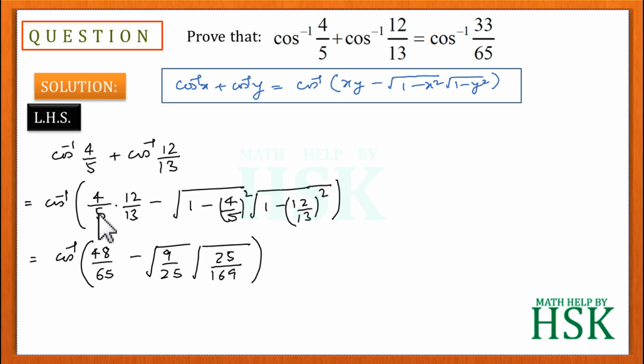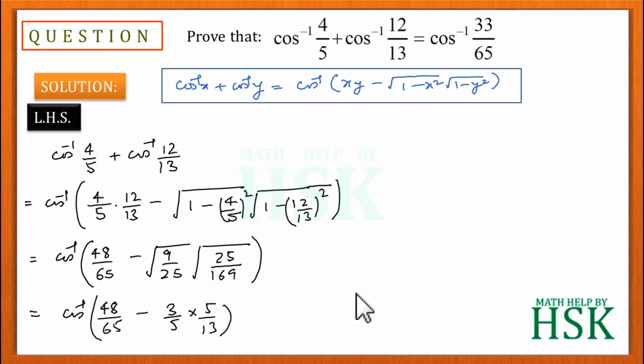So this value can be written as 12 fours are 48, 5 into 13 is 65, and this I have shown you will be equal to square root of 9 by 25. This will be equal to square root of 25 upon 169. So this can be written as 3 by 5, and this can be written as 5 by 13.